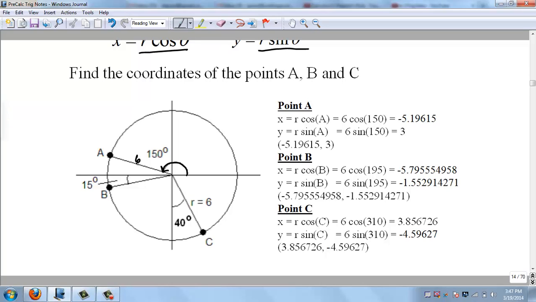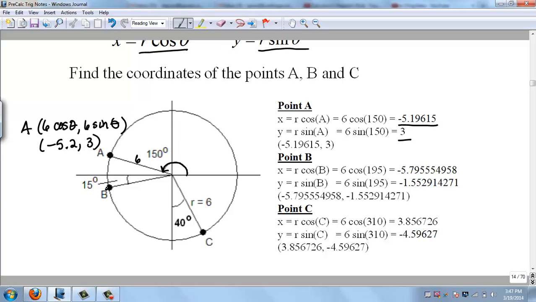But since it's 6 away, my point for A is going to be 6 cosine theta, 6 sine theta. If I put that in my calculator, I would get negative 5.19, 3, which makes me happy because it's a negative, positive, so that's the point here.